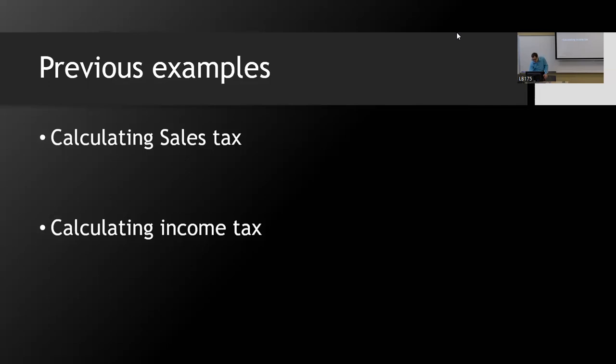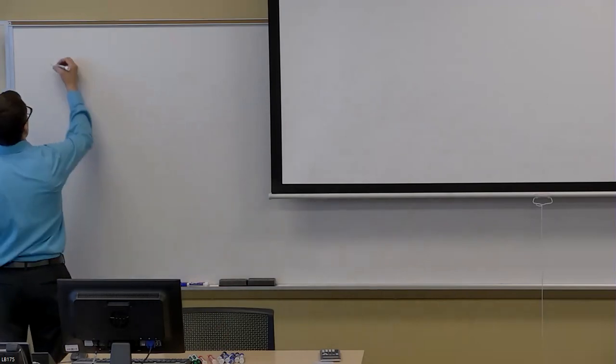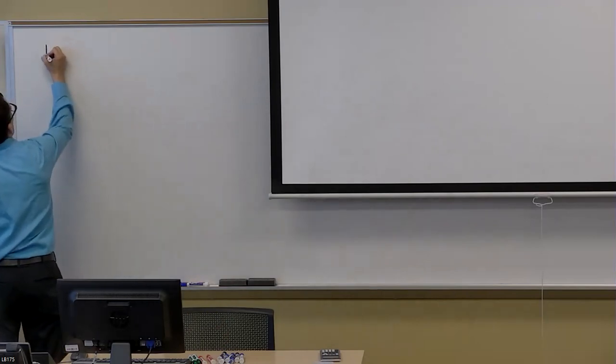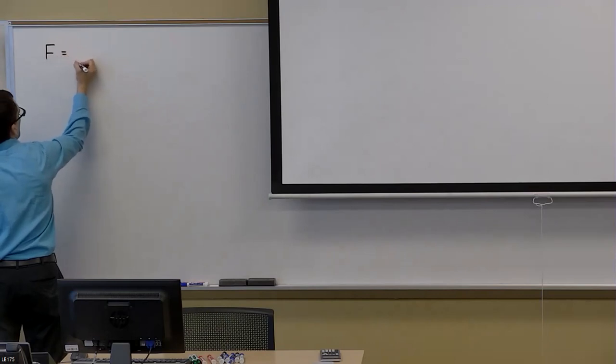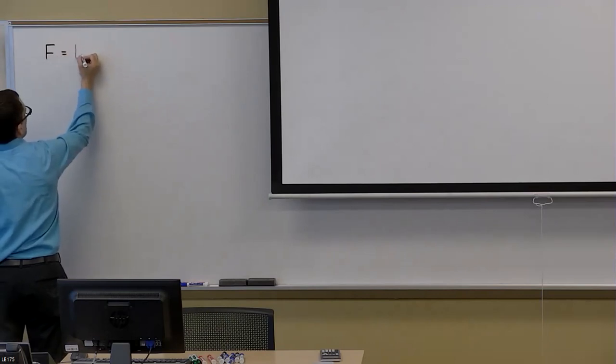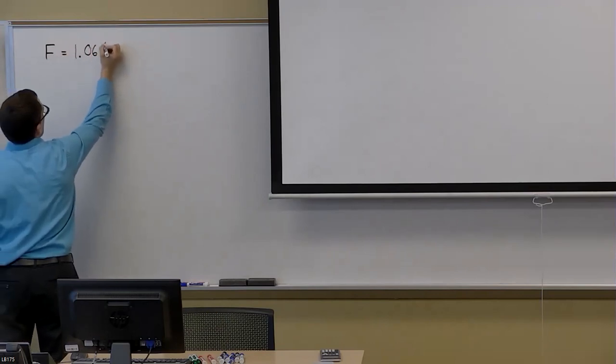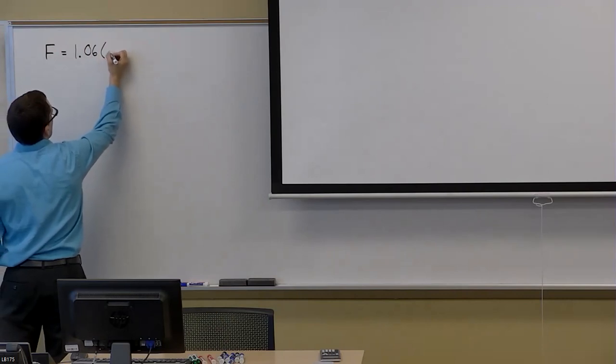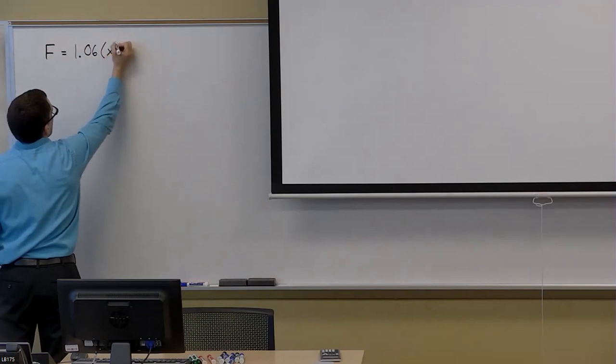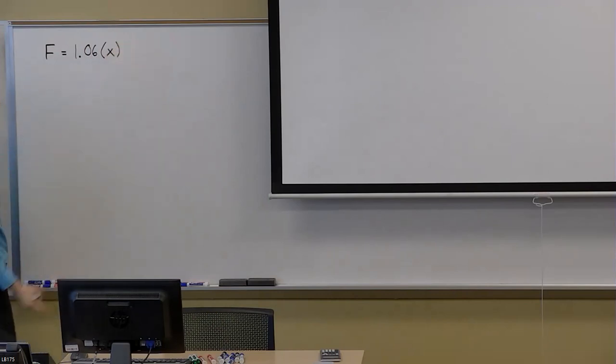So if I said sales tax is 6%, the final price is equal to 1.06 times the original price. I'll call the original price X. That's a linear model, right?